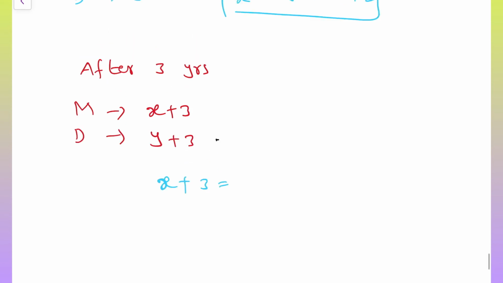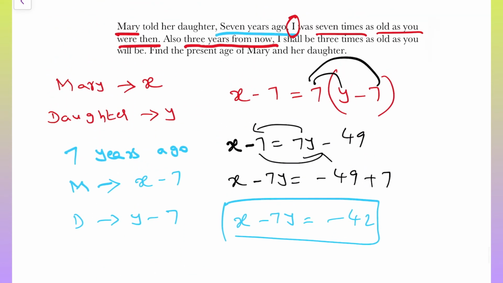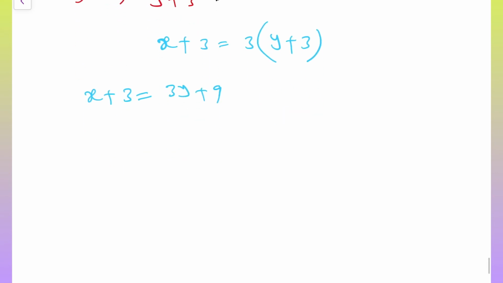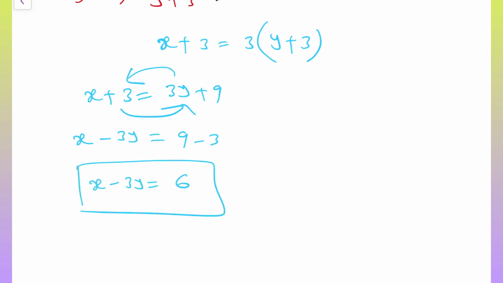So x plus 3 equals 3 times as old as you will be. 3 times daughter. Let us simplify this. X plus 3 equals 3 into y, 3y, plus 3, 3 threes are 9. So bringing 3y to the left side, x minus 3y equals 9, as it is, plus 3 becomes minus 3. X minus 3y equals 9 minus 3, 6. This is the second equation.